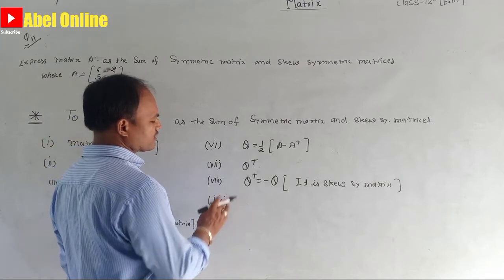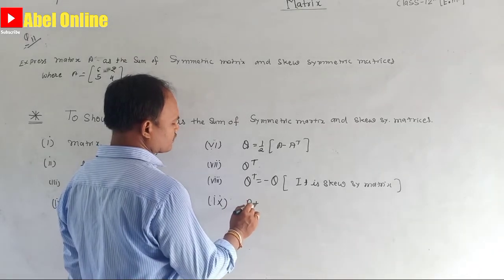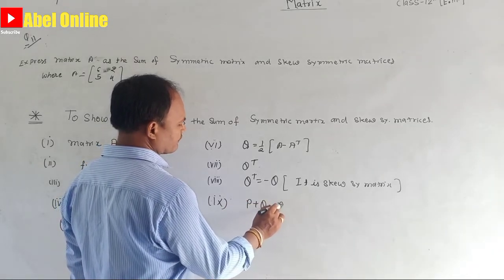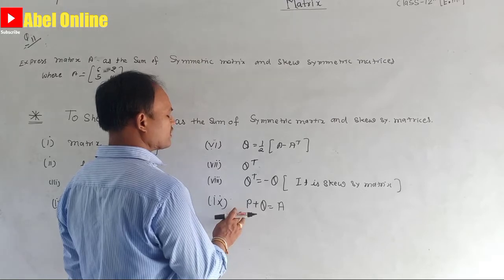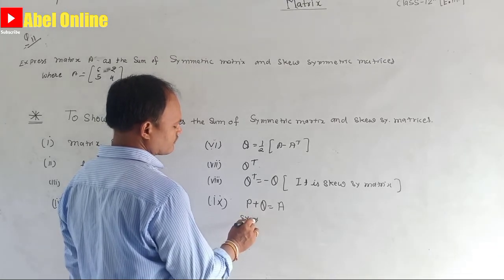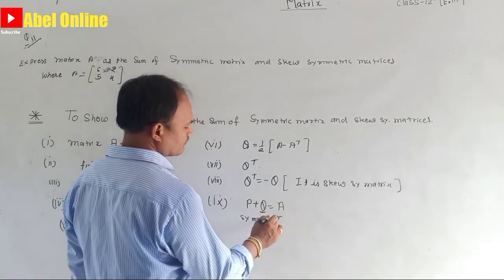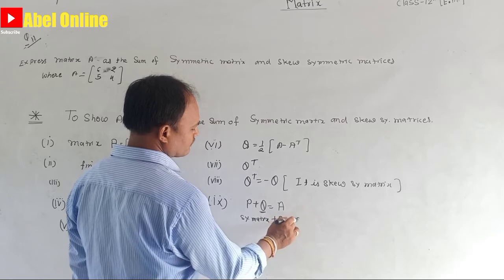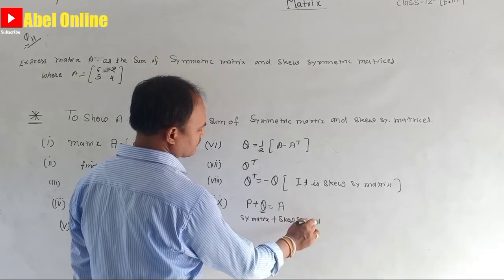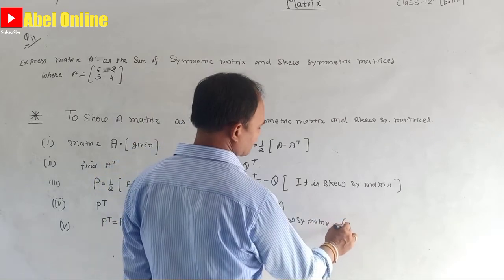And what about the next step? Now we have to prove that P plus Q equals A. P is the symmetric matrix plus Q the skew symmetric matrix equals A, the given matrix.